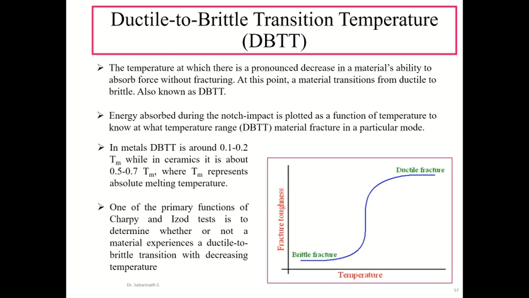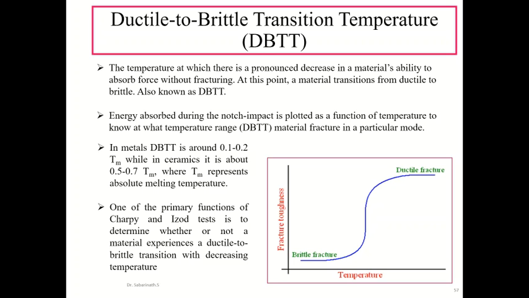So next is the ductile to brittle transition temperature. The ductile to brittle transition will take place at certain temperatures. That is, some materials will behave as a ductile material at a high temperature, and as the temperature is decreased, it will lead to a transition to a brittle fracture mode.